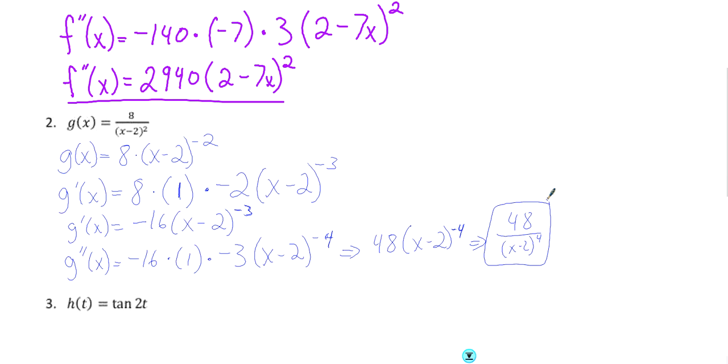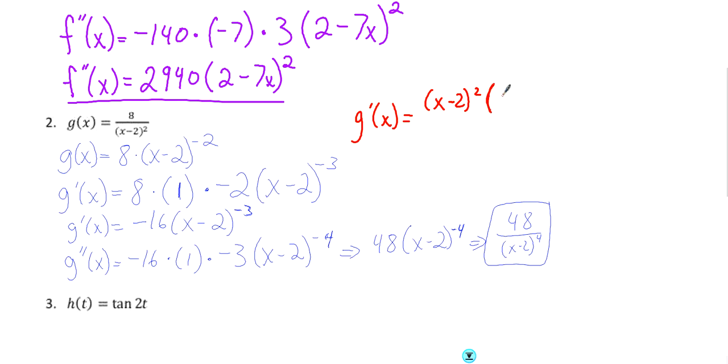Now, if you had done this with quotient rule, you need to be very careful, because in the first derivative, when you take it, you're going to get low, so this, times the derivative of high.